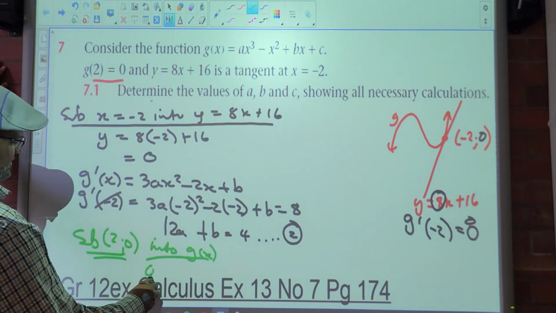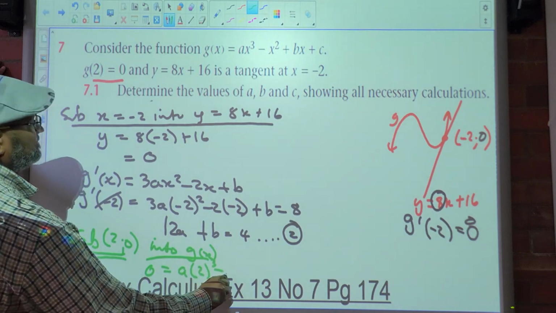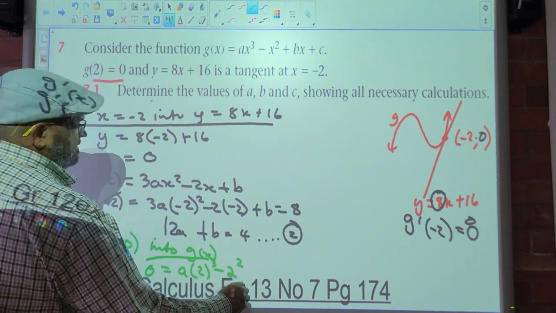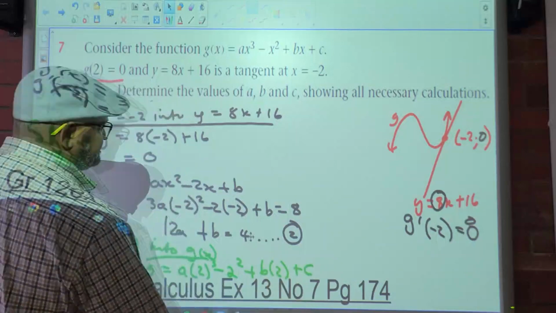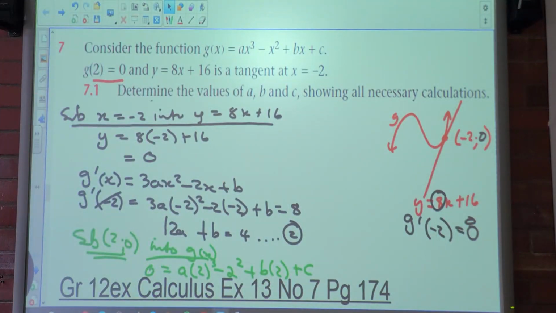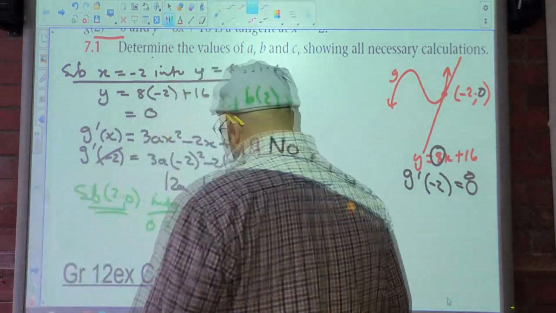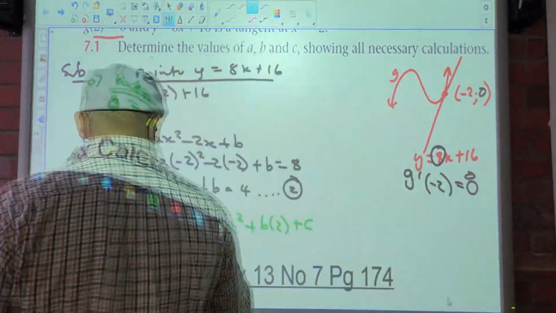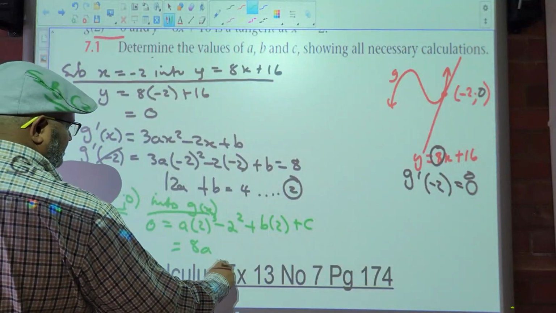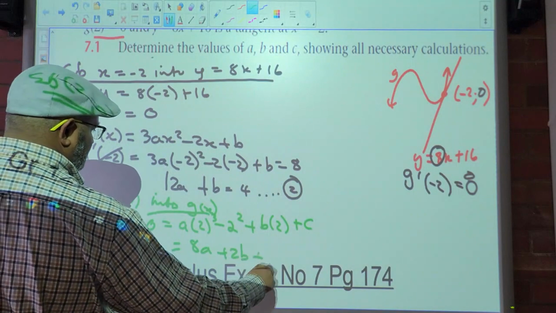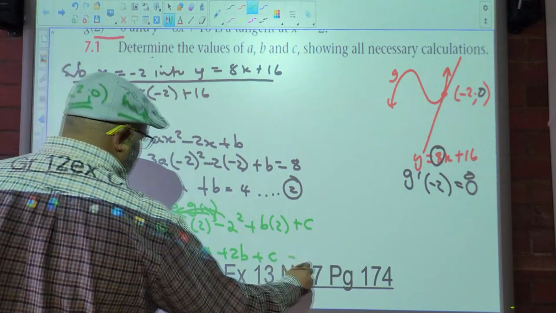So 0 is equal to a times 2 cubed minus 2 squared plus b times 2 plus c. That's going to give you 8a plus 2b plus c is equal to 4, taking that over the equal sign. This is equation 2.